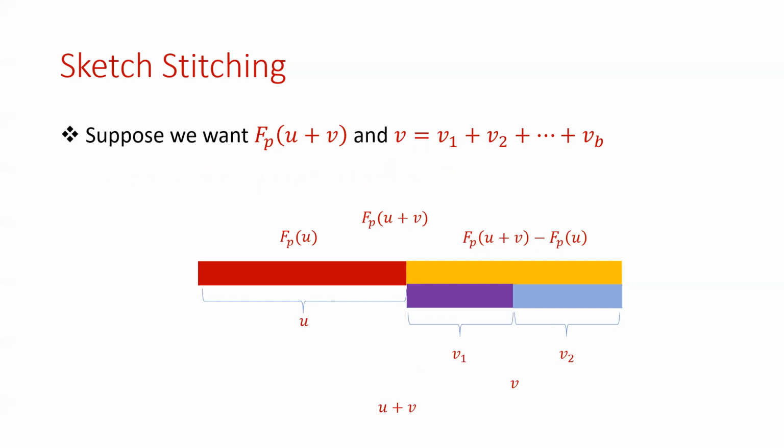We can similarly write this in terms of breaking down v into multiple parts. So previously we had just one vector v, but now we break up v into B parts. And we can again write the moment of u plus v as a difference plus the moment of u.